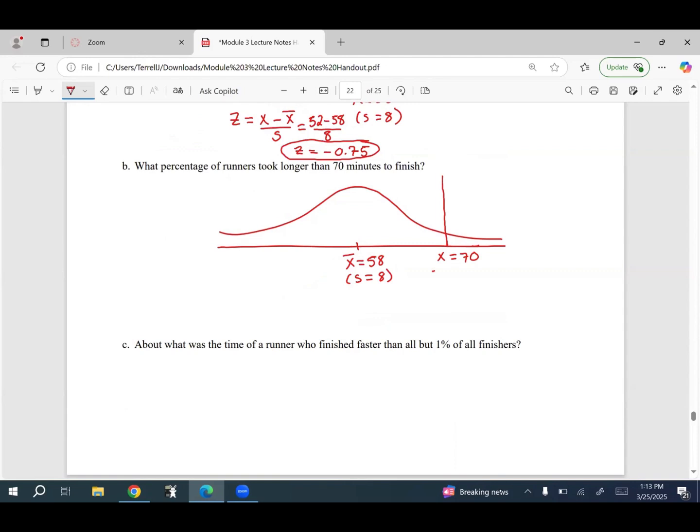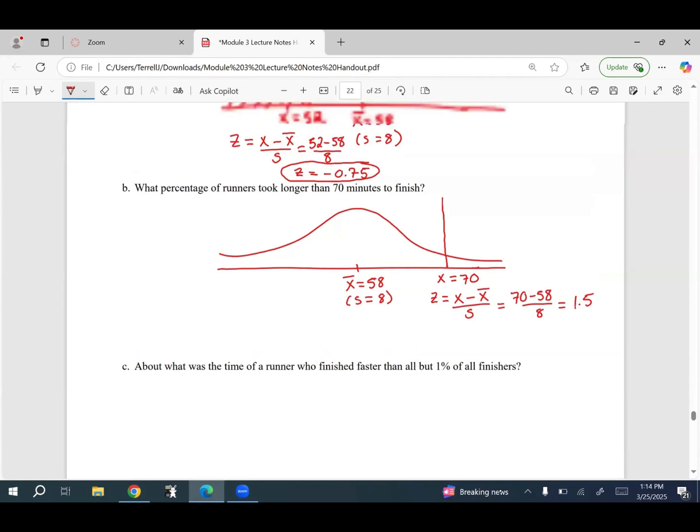Well, let's do, once again, the z-score, the data value minus the mean divided by the standard deviation. That's 70 minus 58 divided by 8. If I subtract 70 minus 58, that's 12. 12 divided by 8 is 1.5.